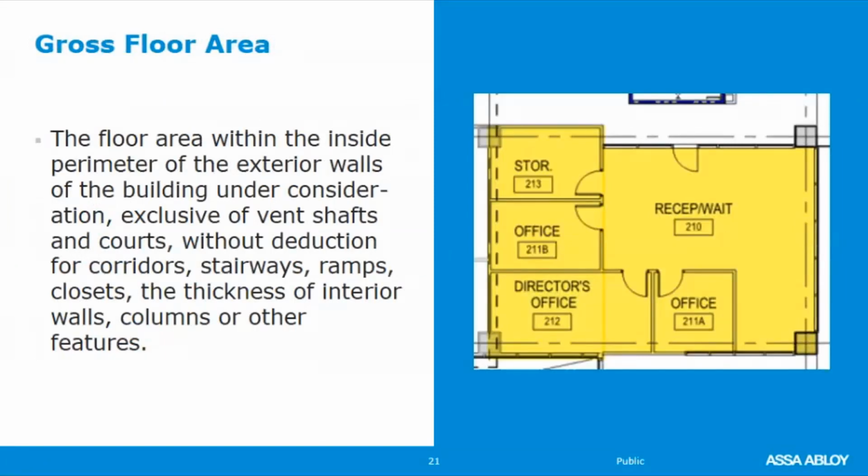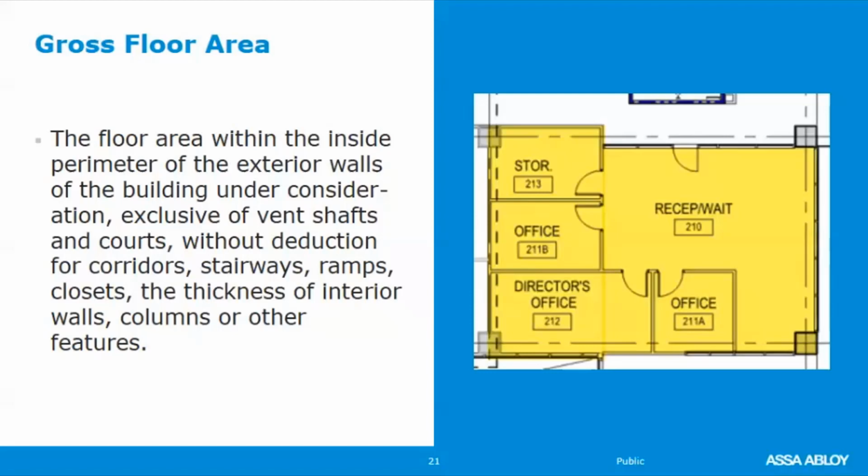A couple more definitions before we get into some examples and exercises. The gross floor area is the area inside the perimeter of the exterior walls of the building, exclusive of vent shafts and courts, without deduction for corridors, stairways, ramps, closets, the thickness of interior walls, columns, or other features.